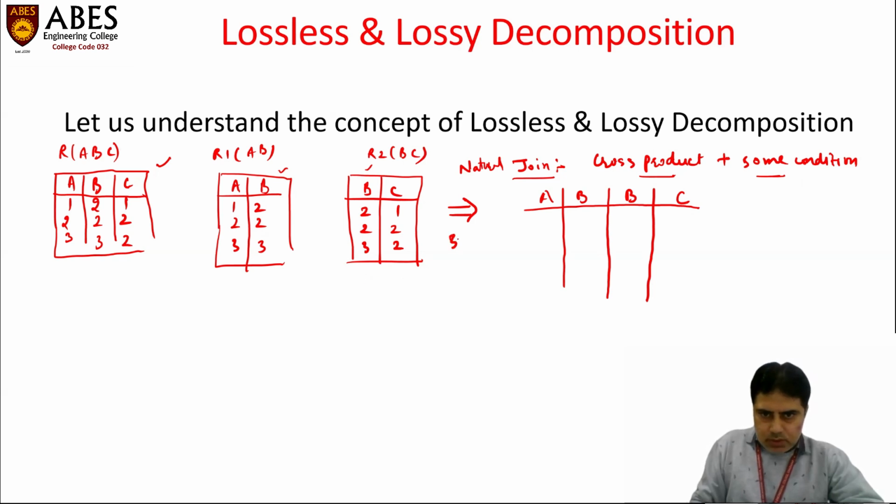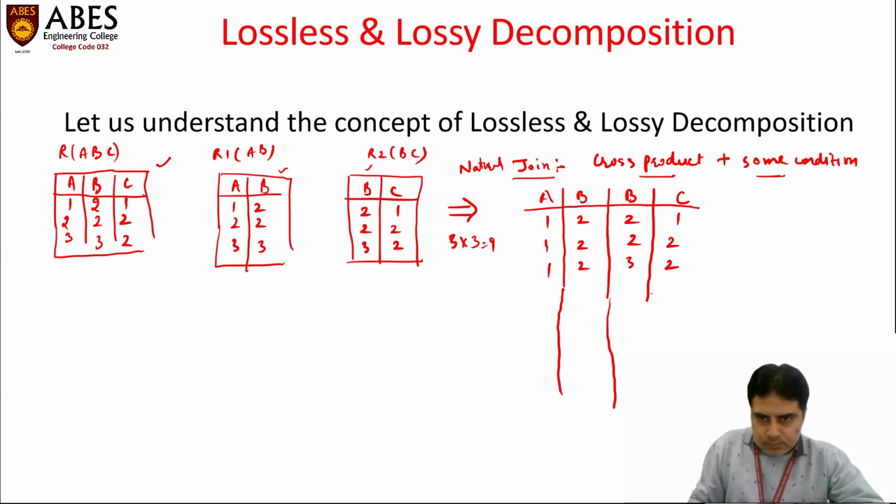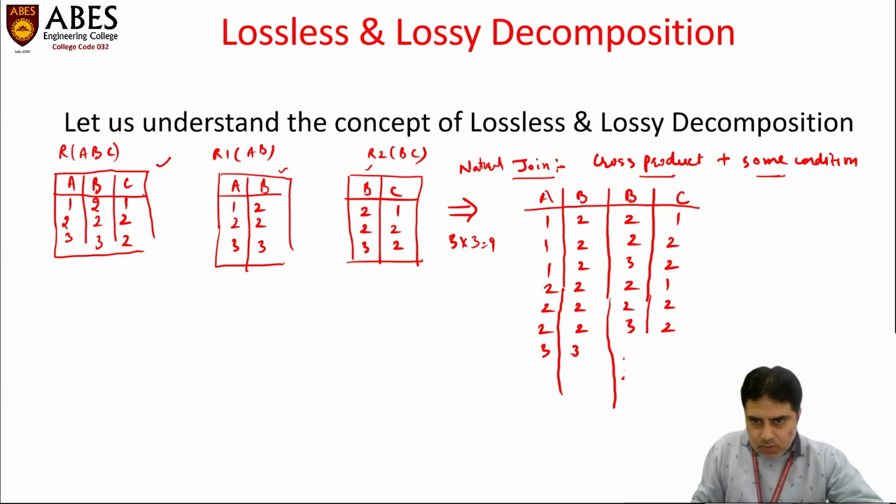So after the cross product, 3 into 3, there will be 9 rows.